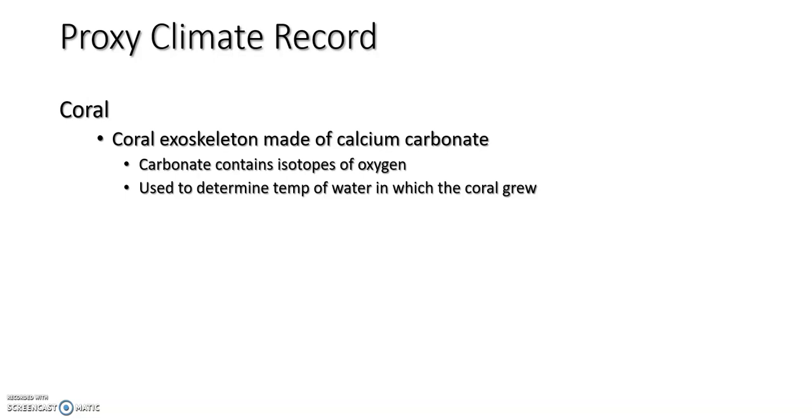Kind of complicated. I'm not sure I totally understand it, but they are able to do that with very good accuracy, and they can actually create these ratios in the laboratory and determine what the temperature was based on how much oxygen 16 and oxygen 18 that they have.